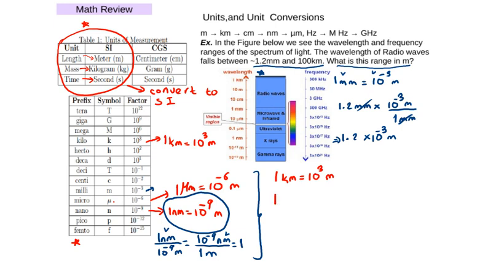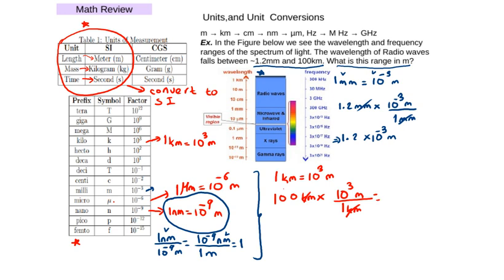So 1 kilometer is equal to 10 to 3 meters. That means 1 kilometer over 10 to 3 meters is 1, or 10 to 3 meters over 1 kilometer is 1, right? And I have 100 kilometers.